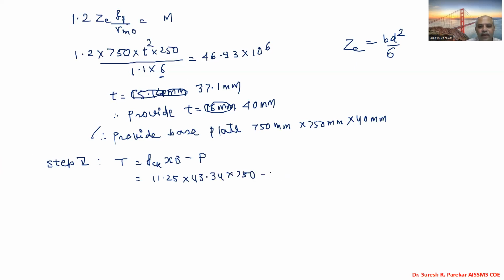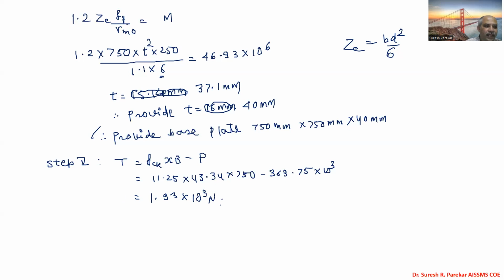The value of P is 363.75 into 10 raised to 3. And this tension comes 11.25 into 43.34 into 750 minus 363.75 to the power 3. It comes 1.93 into 10 raised to 3 newtons.